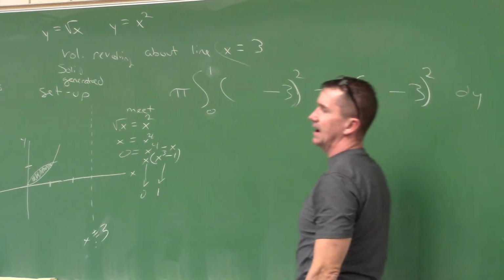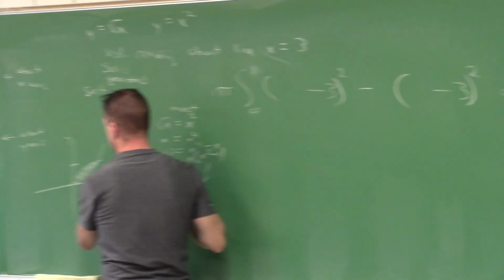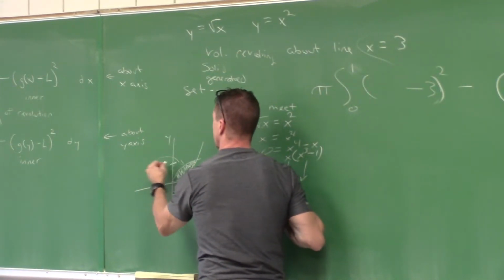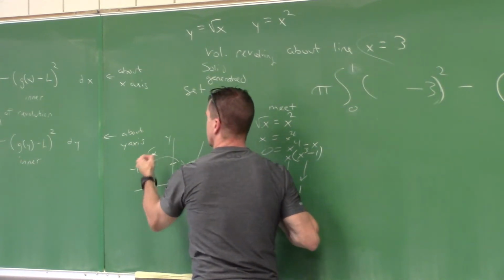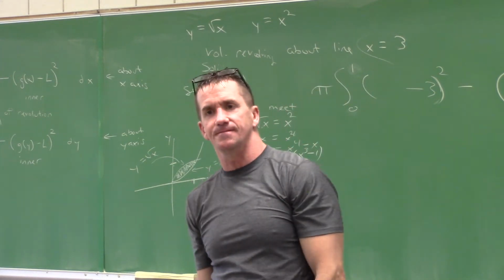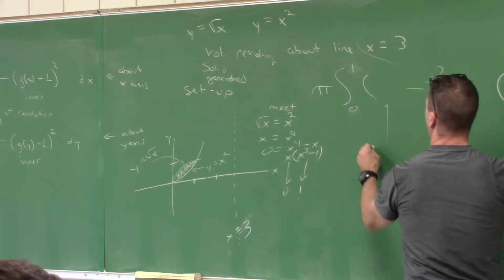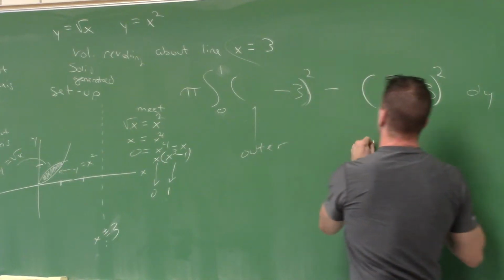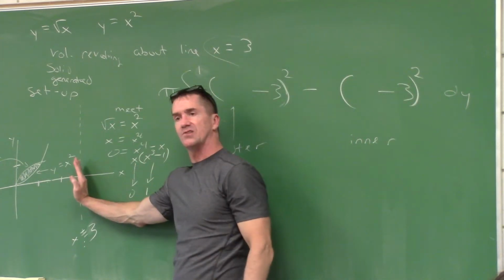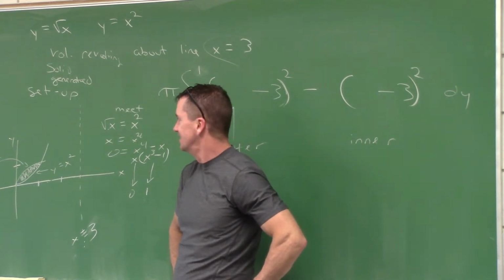The only thing left I have to do is rewrite these two equations. This was y equal to x squared, and this was y equal to the square root of x. I have to write those such that I solve for x, right? That's the only thing we have to do. We're going to put the outer here, and we'll put the inner here. So when we do that, we'll just look at which one is further away from the axis of revolution and which one's closer. x equals y squared. Oh, good.